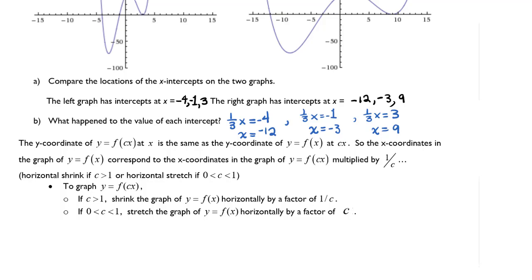If you want a function to horizontally shrink, c must be greater than 1, and if you want the function to horizontally stretch, c must be between 0 and 1. If c is greater than 1, shrink the graph of f of x horizontally by a factor of 1/c. And if c is between 0 and 1, stretch the graph of f of x horizontally by a factor of c.